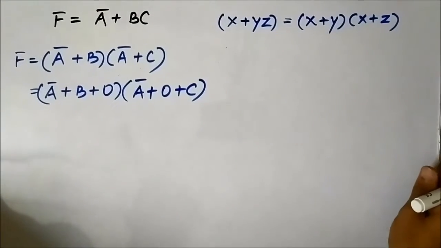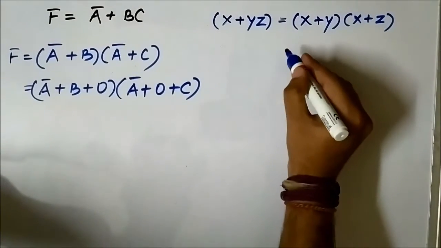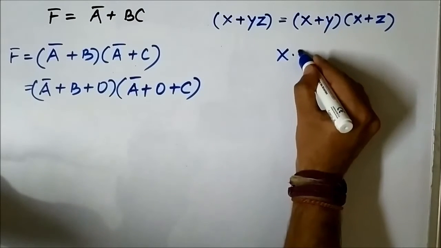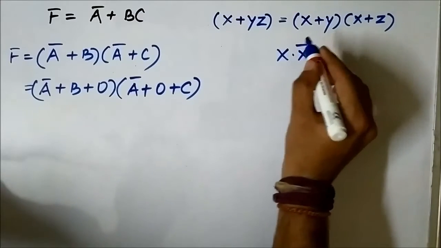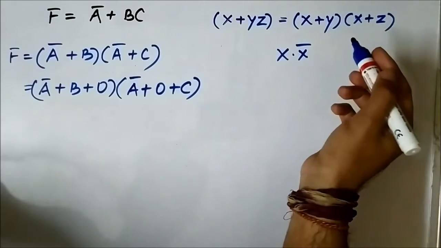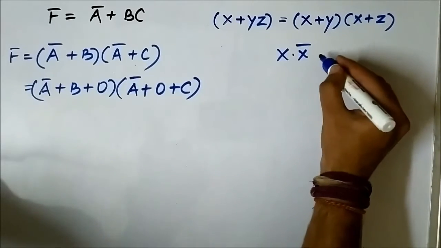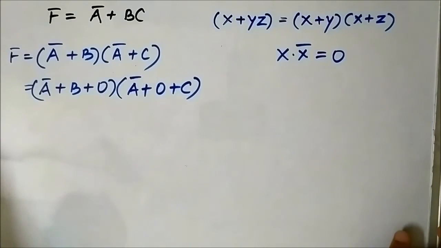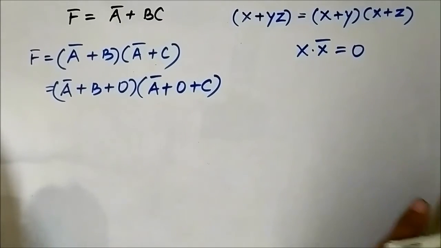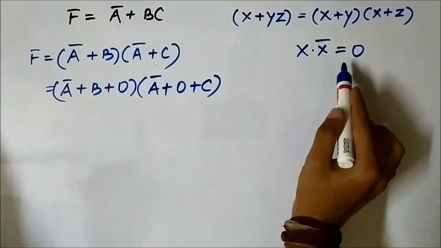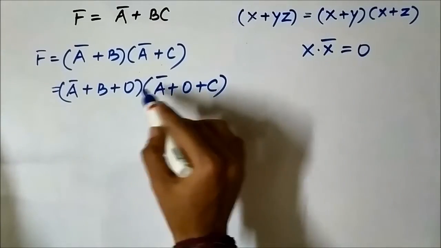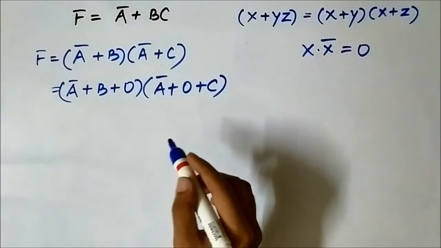Now if you remember, there is another Boolean identity which states that x and x complement, that is, any variable ANDed with its complemented variable, gives us logic 0. This is the Boolean identity which we are going to use, and we will substitute it in the place of these zeros.